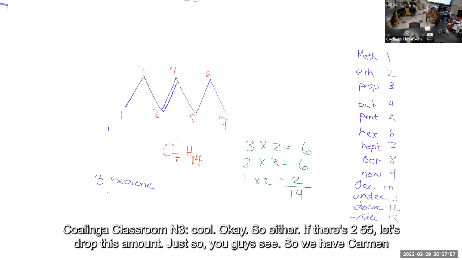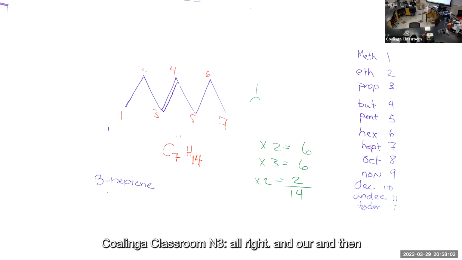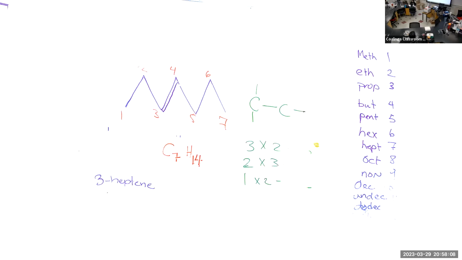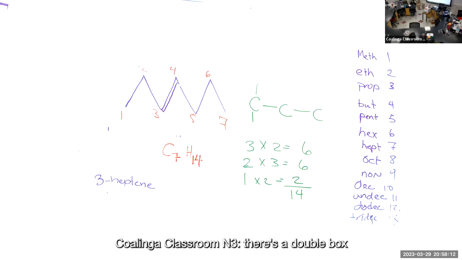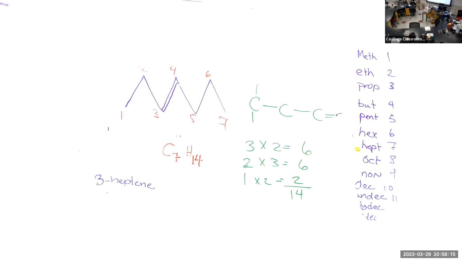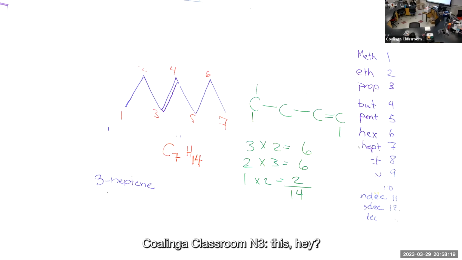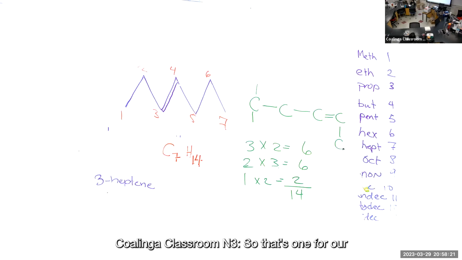4. Okay, so let's draw this one out just so you guys see it. We have carbon 1, 2, then our third one, then the fourth, where there's a double bond. So this is our first carbon, second, third, fourth, fifth, sixth, and seventh.